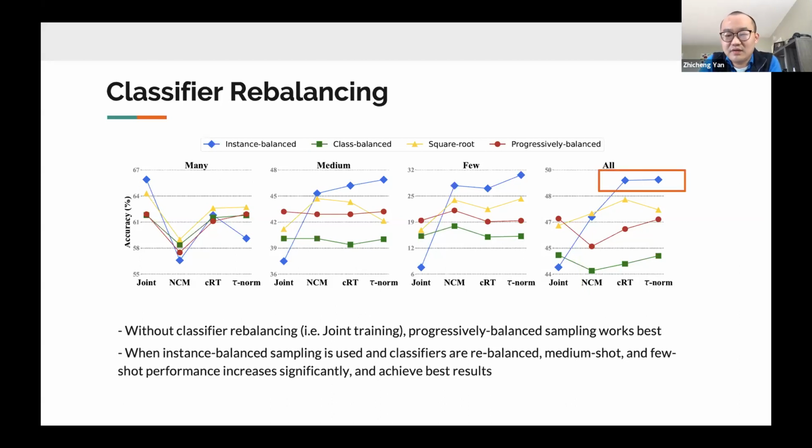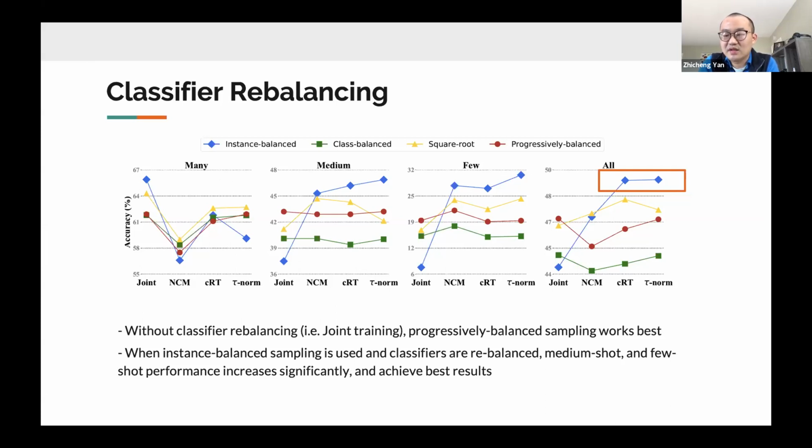The second finding from these experiments: if we allow rebalancing the classifier, what's the best combination in terms of sampling strategy and rebalancing method? We found in this study on this ImageNet long-tailed dataset, the best performance is achieved when you use instance balanced sampling in stage 1, where you want to learn a pretty good representation of the features. And when you rebalance the classifier, you actually have multiple choices.